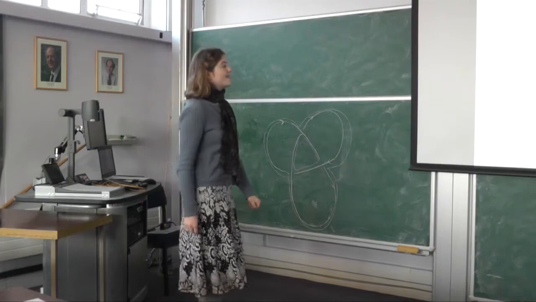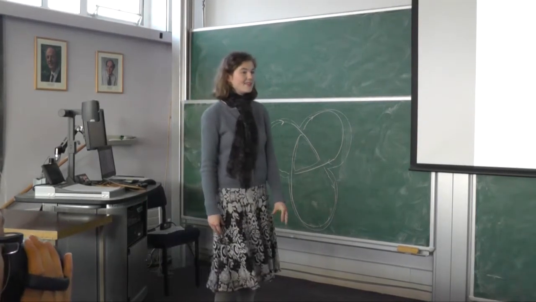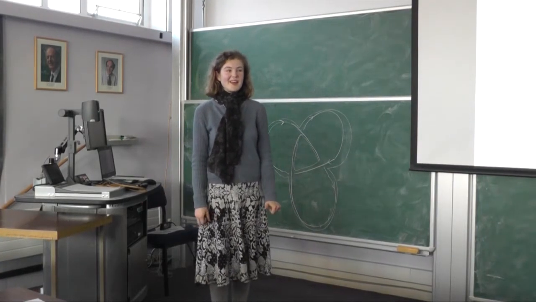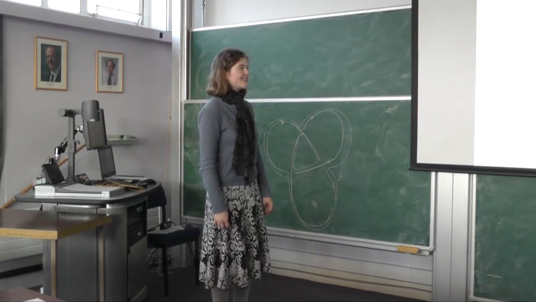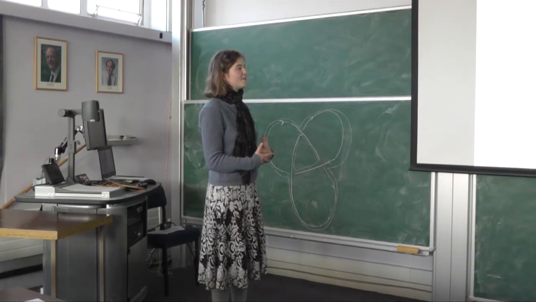And so this is going to be an orientable surface, which means that the two sides of the surface will never meet if you choose to colour in one side green and the other side red. You're never going to get green and red mixing.